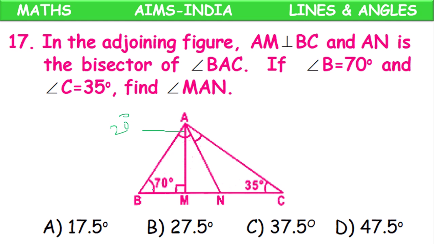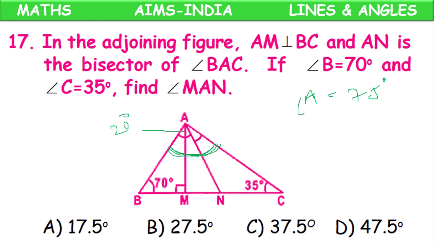And one more thing, this is 70 plus this is 35, 105, plus 75 equals 180. So angle A total equals 75 degrees. So that 75 plus 70 plus 35 equals 180.